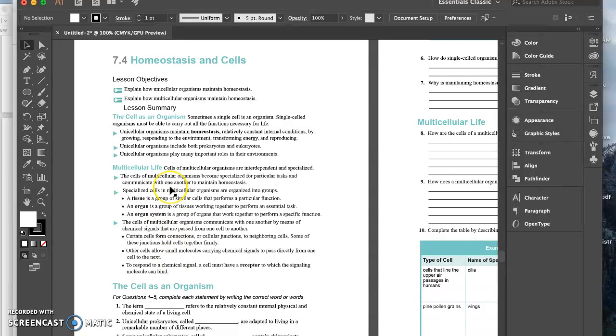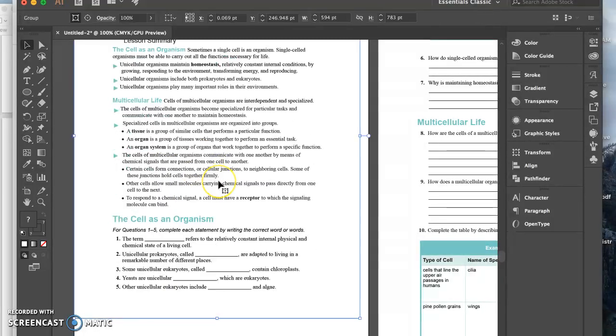And your book really skirts, for some reason, the whole area of homeostasis, and breaks things down into two groups, unicellular organisms and multicellular organisms. So let's take a look at that.